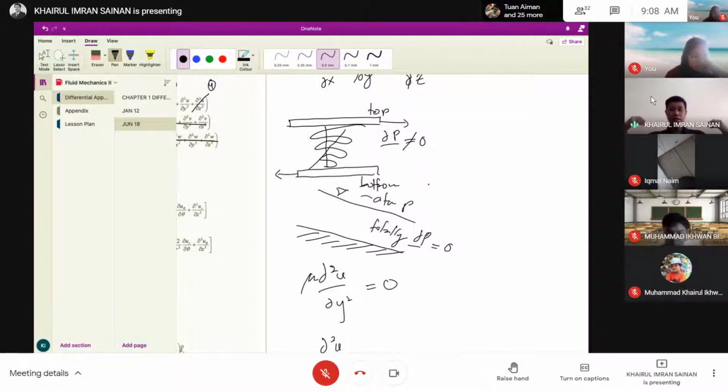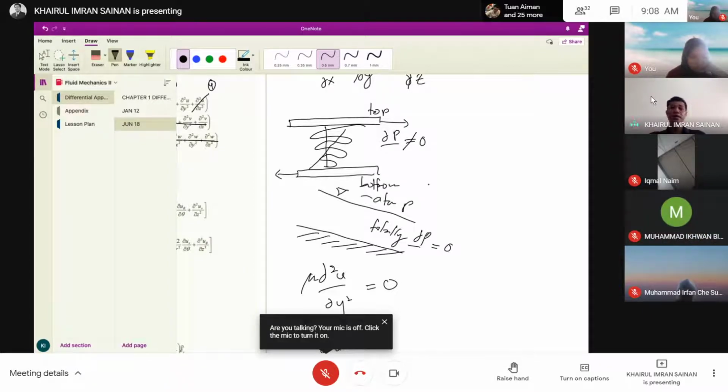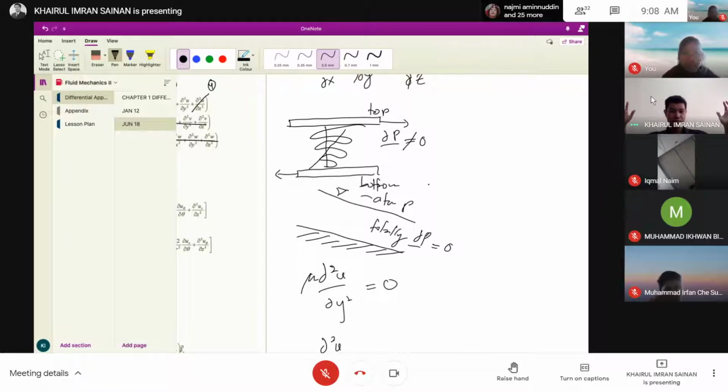Imagine you are actually living in atmospheric pressure. Is it the same? Anyone? Can you give me the atmospheric pressure value?